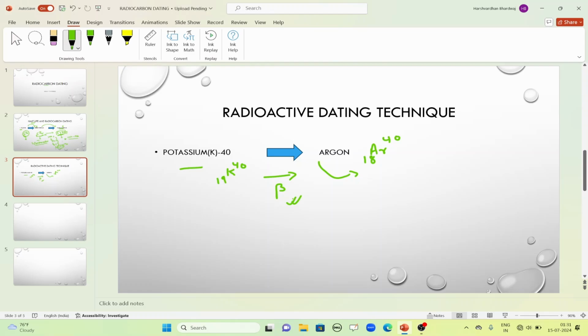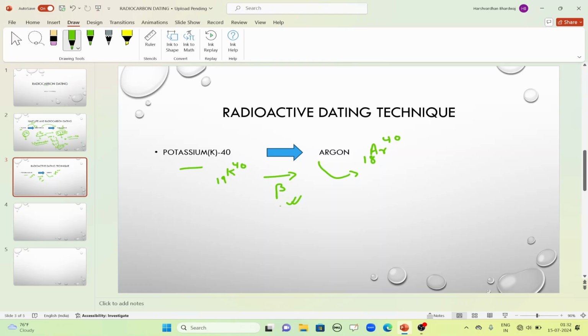The rocks we want to observe form from molten material. All of you have studied in geography that when a volcanic eruption happens, molten lava comes out. The rocks we are analyzing are part of that eruption. There is no argon in the molten rock, because it can bubble out in gaseous form.